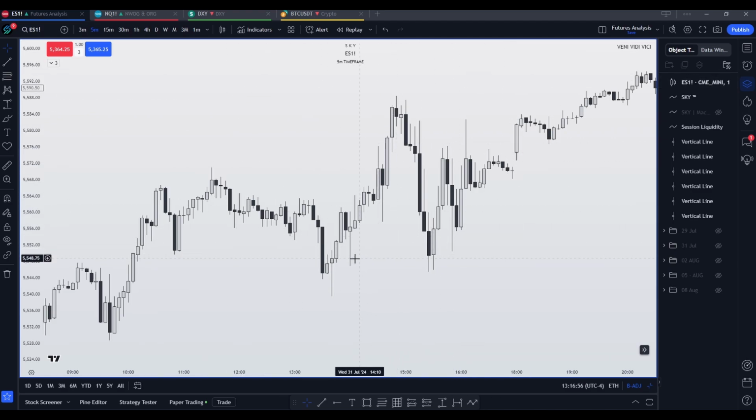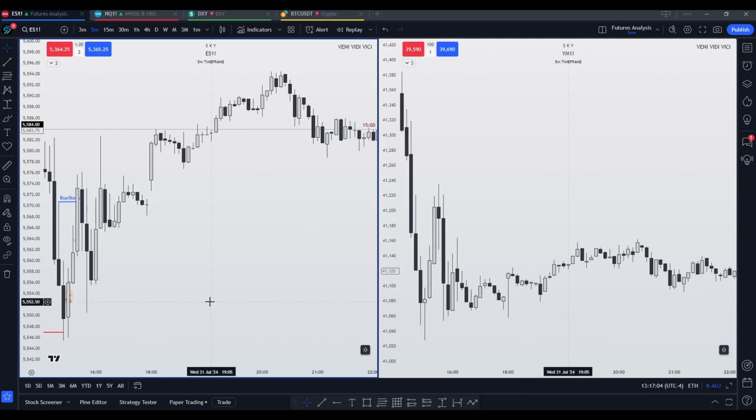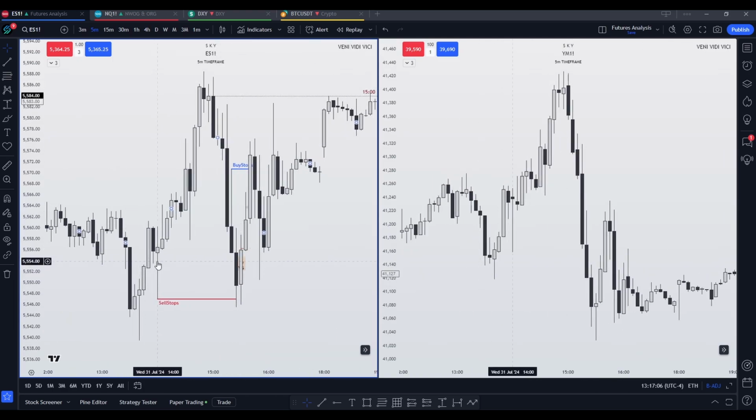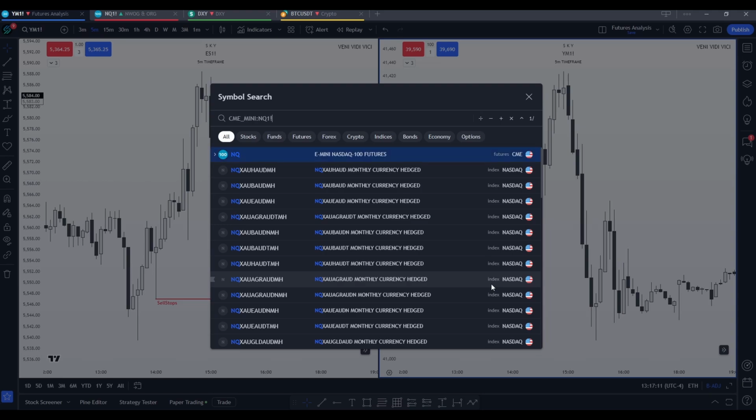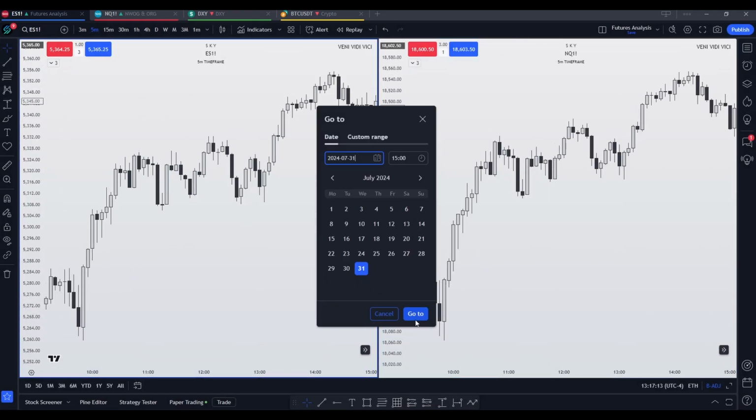As you can see, there's nothing too crystal clear on this 5 minutes, unless this sell stops. And if I'm not wrong, I think it was some sort of SMT. I might be wrong. Let me search it up real quick.